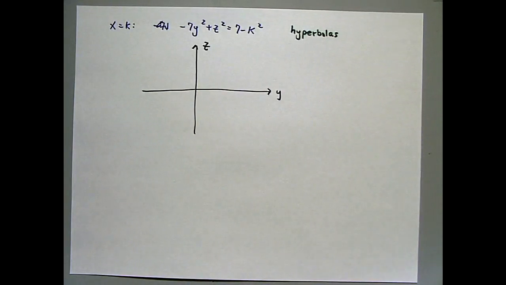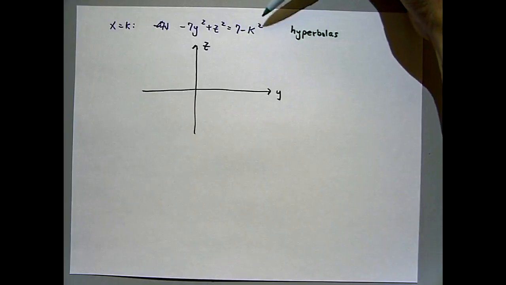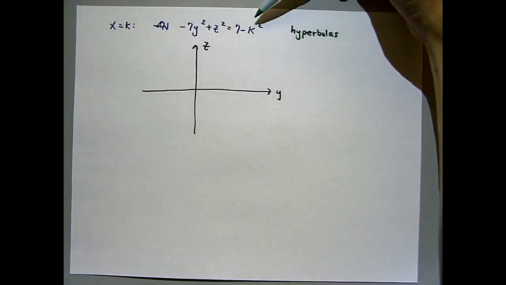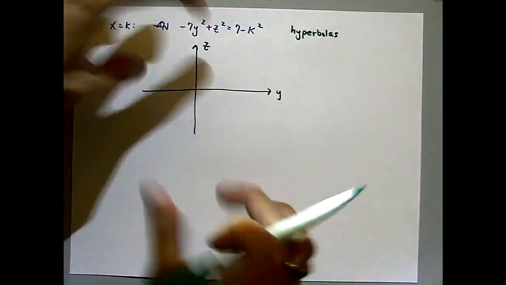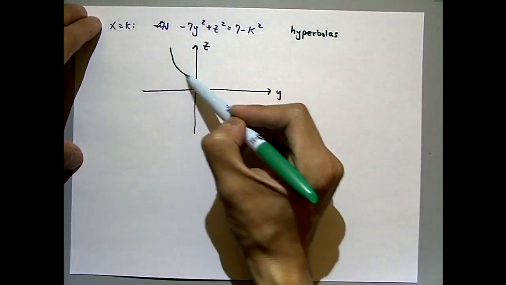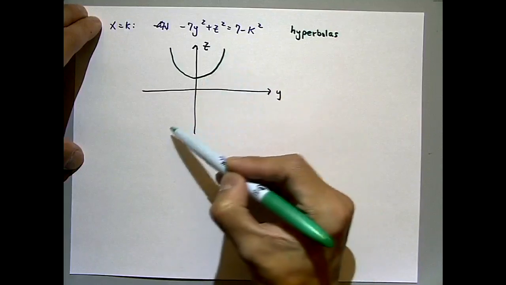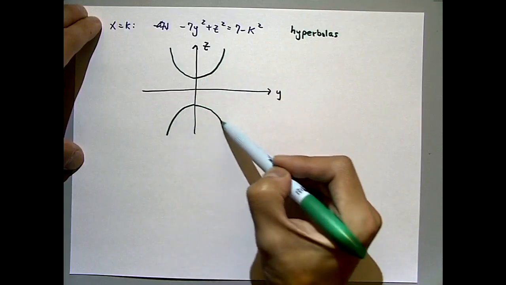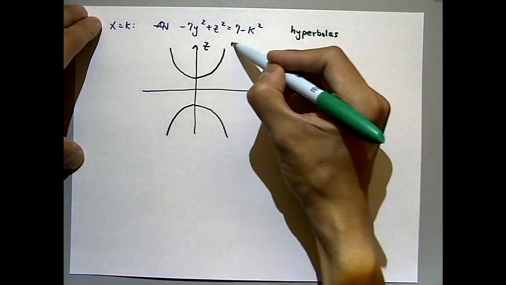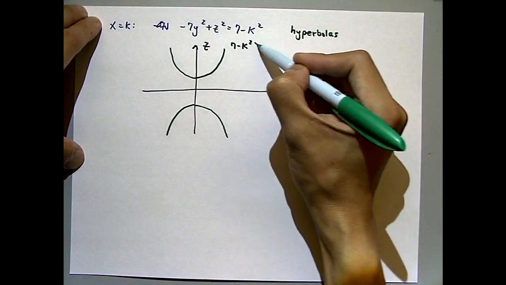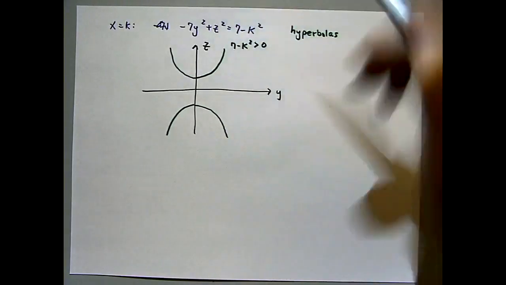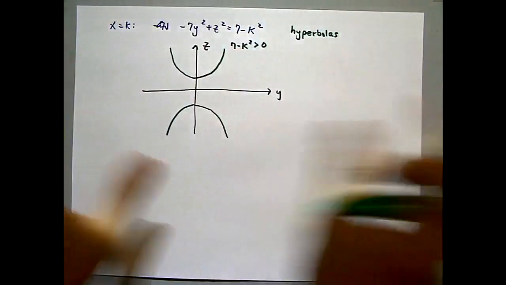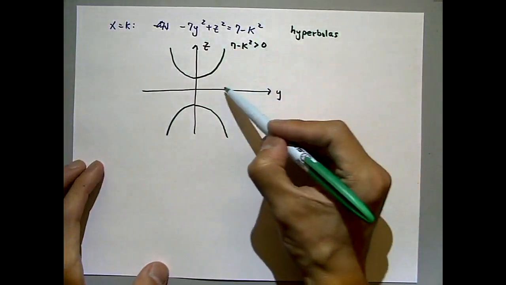Now assuming that 7 minus k squared is positive, z being positive is telling us that the hyperbolas will be on the z-axis. And if 7 minus k squared is negative, then this will be switched over to lying on the y-axis.